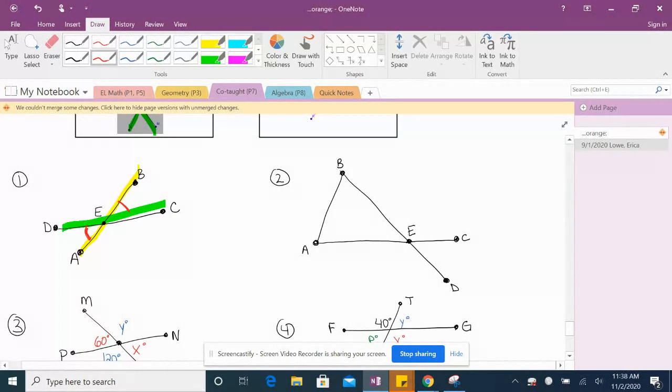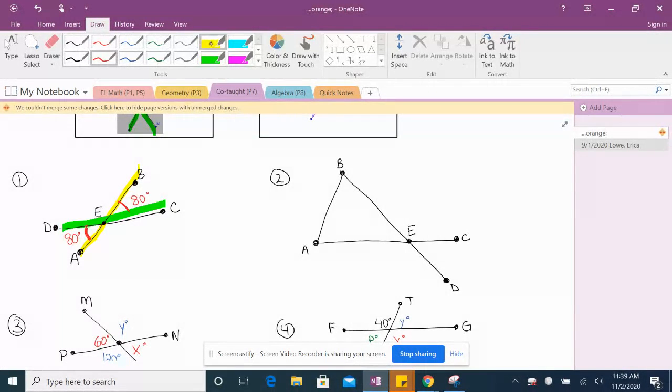Este ángulo es congruente a el otro ángulo porque son opuestos y forman una X. They're vertical angles because they're opposite angles and they form an X. So, if this angle is 80 degrees, then this has to be 80 degrees. Si este ángulo es 80 grados, el otro ángulo tiene que tener 80 grados también, porque son congruentes.